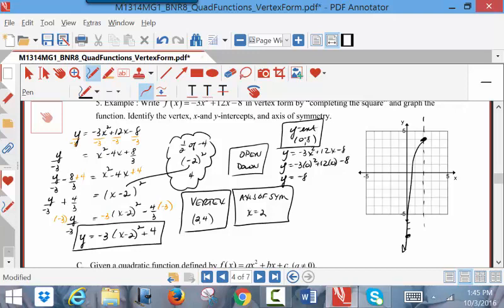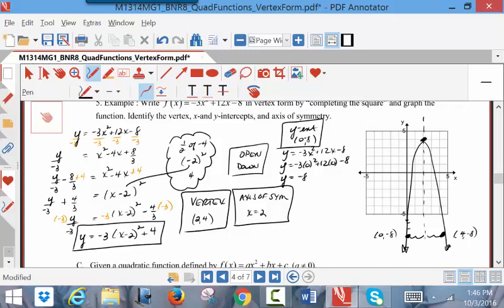And then this is 2 to the mirror, 2 back away from the mirror, so I get another point over here, which would be what? If this is (0, -8), my mirror image on the other side of the axis of symmetry would be what? (4, -8). Careful and don't make that a point up there at the vertex. That's not a point. It's supposed to be kind of a U shape.